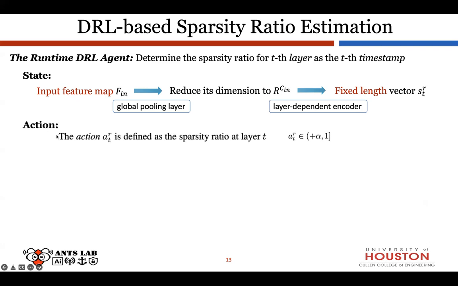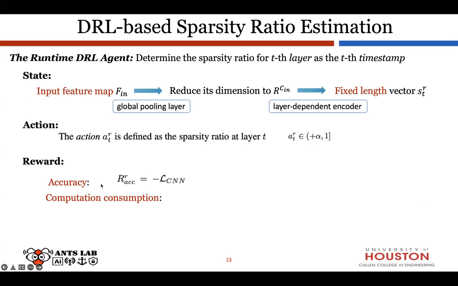And the action can be defined as the sparsity ratio for each layer. And here we limited the minimum value of this sparsity ratio. So this is the action space of the reinforcement learning. Next, let's see the reward function. It will include two parts. The first one is accuracy, and the second one is the computation consumption.